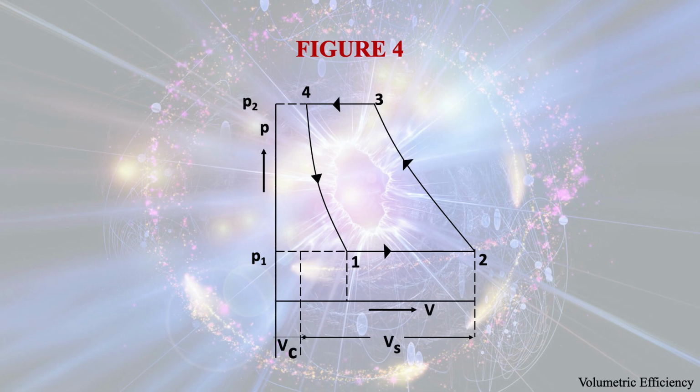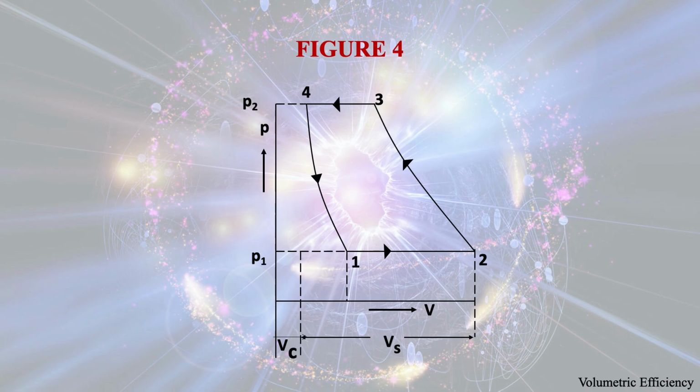So 2 to 3 is the polytropic compression and 3 to 4 is the constant pressure process for delivering the air to the receiving tank, and 4 to 1 again is the polytropic expansion process, and 1 to 2 is the constant pressure suction process.